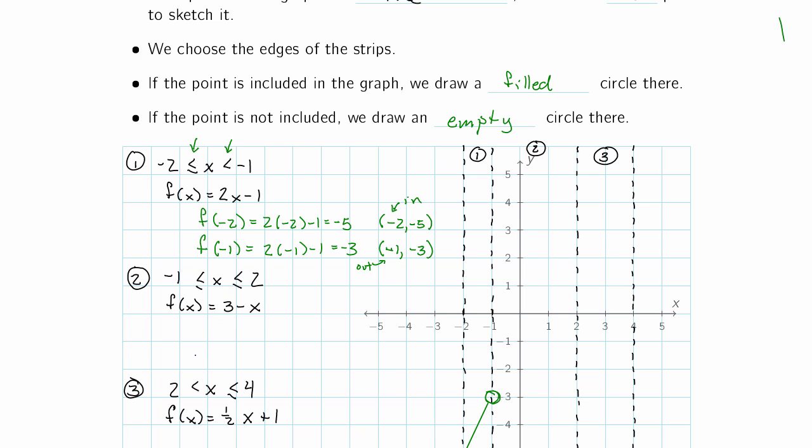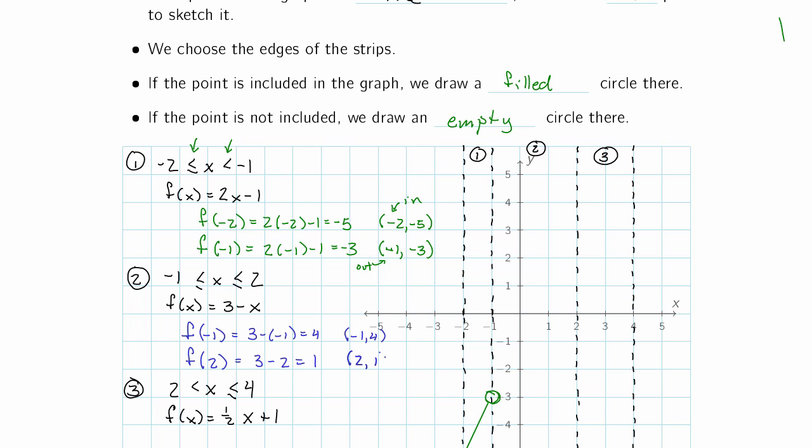The endpoints of this piece are at x equals negative 1 and x equals 2. So using this formula, I'm going to take f of negative 1 and I get 4. So the point negative 1, 4 will be one end of this piece. And then I'm going to take f of 2, which is 1.